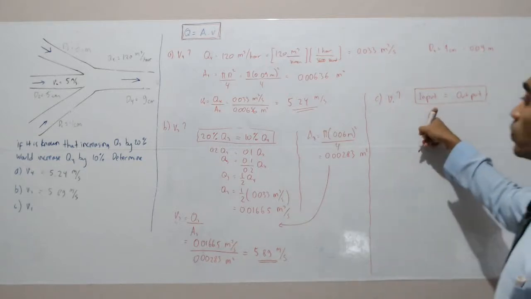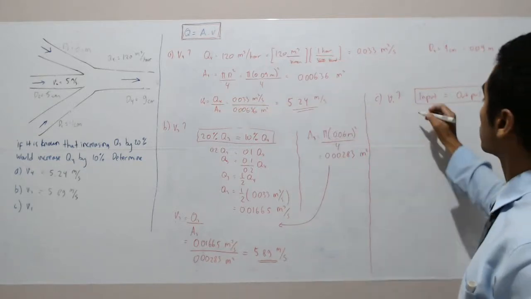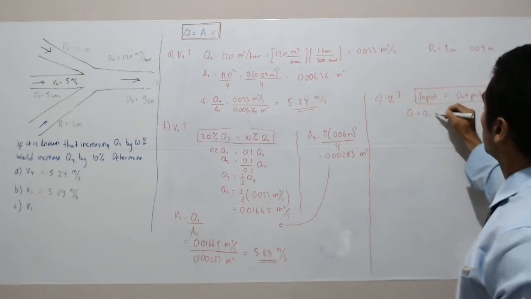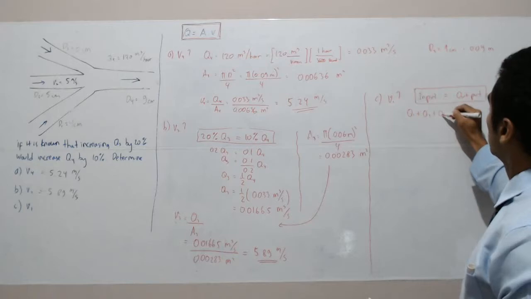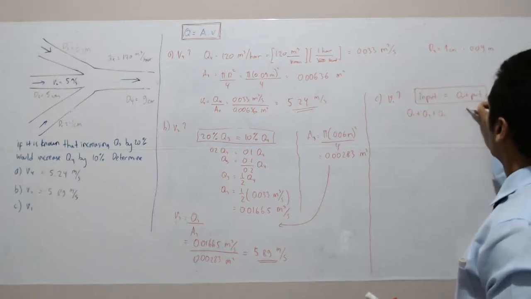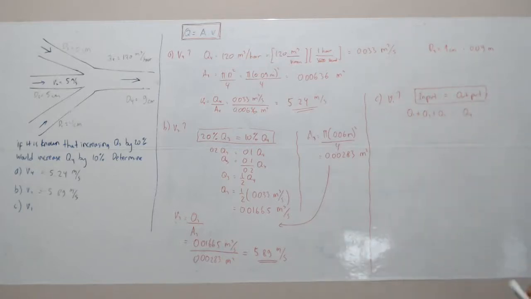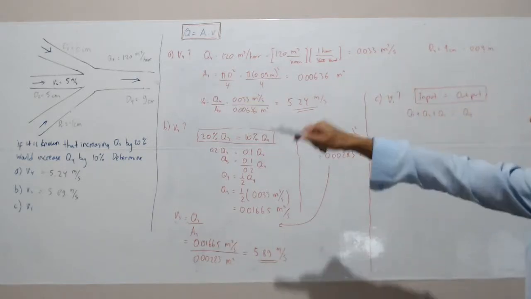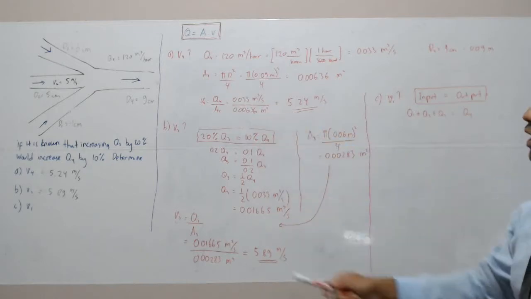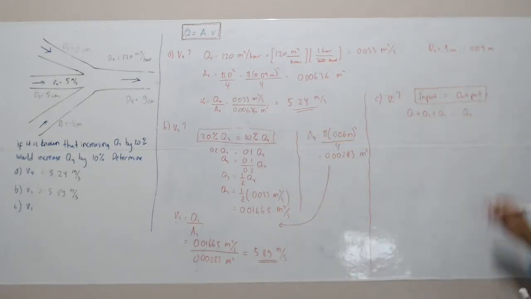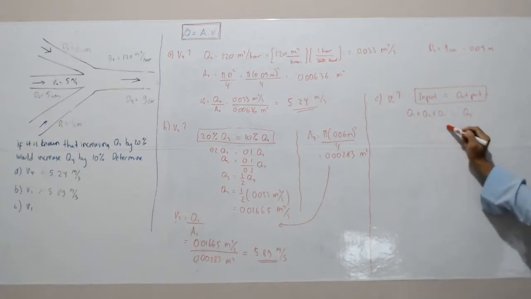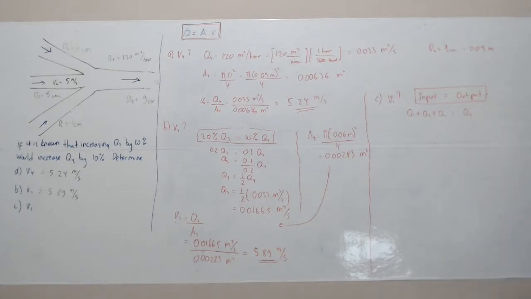So we have 3 pipes for the input. So Q1 plus Q2 plus Q3 is equal to Q4. The volumetric flow rate of all 3 input pipes must be equal to the output pipe, the Q4, unless there is friction, of course.